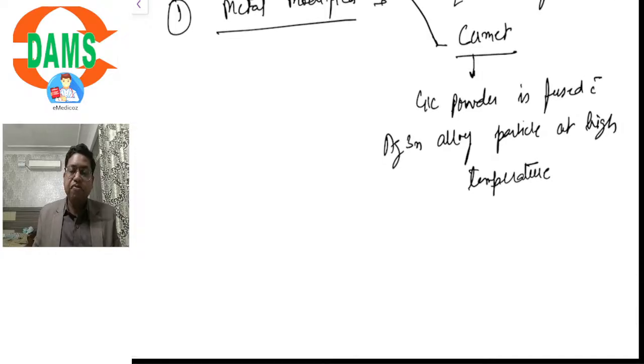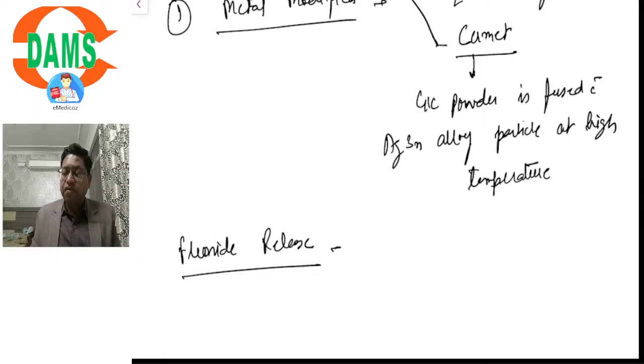So what is the difference between the properties if we talk about fluoride release? The amount of fluoride that is released from miracle mix is highest, greater than conventional GIC. CGIC stands for non-modified conventional GIC, which in turn is greater than CERMET.